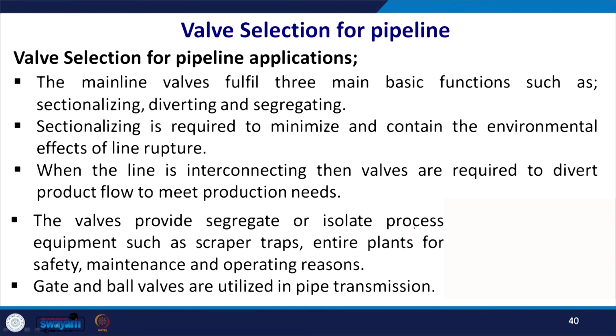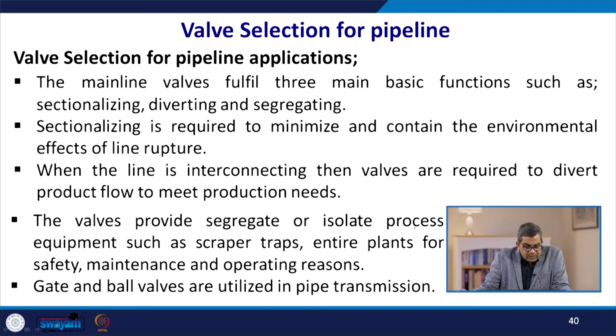Now, valve selection for the pipeline application. The mainline valve fulfills three main basic functions: sectionalizing, diverting and segregating. Sectionalizing is required to minimize and contain the environmental effect of line rupture. When lines are interconnecting, valves are required to divert the product flow to meet production needs.